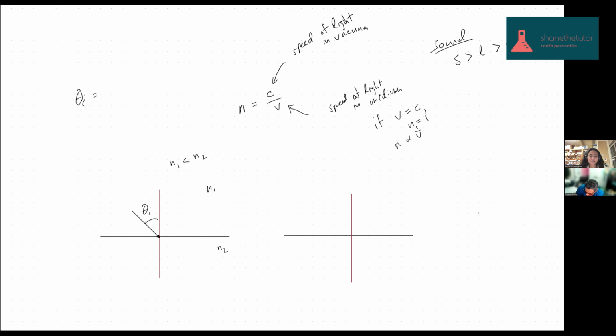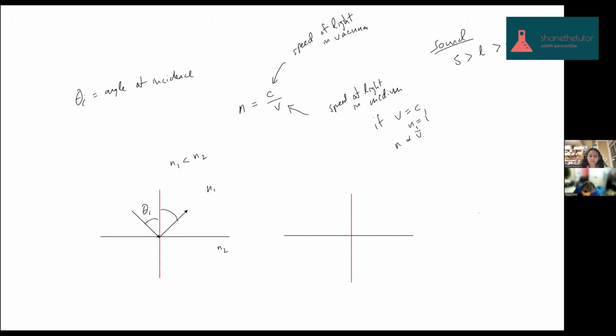Usually you won't see this, but you'll also have reflection happening, and for that I'm going to use lowercase r, the angle of reflection. These will be equal pretty much all the time. Angle of incidence is equal to angle of reflection.